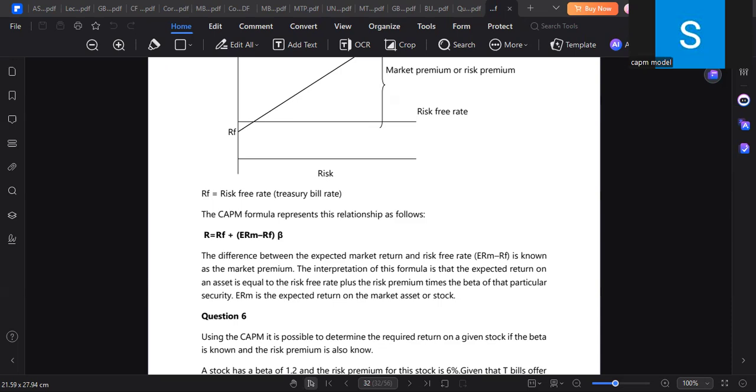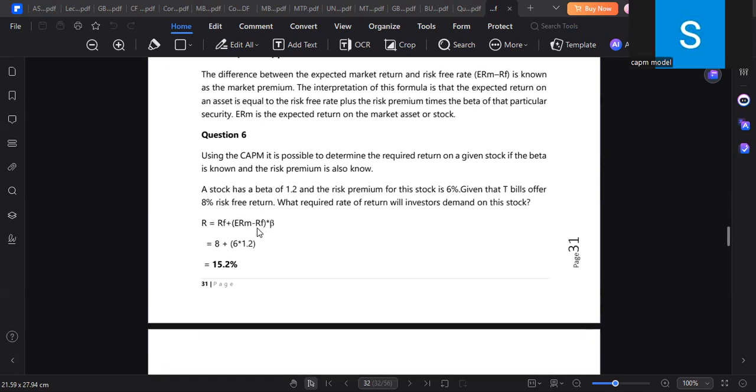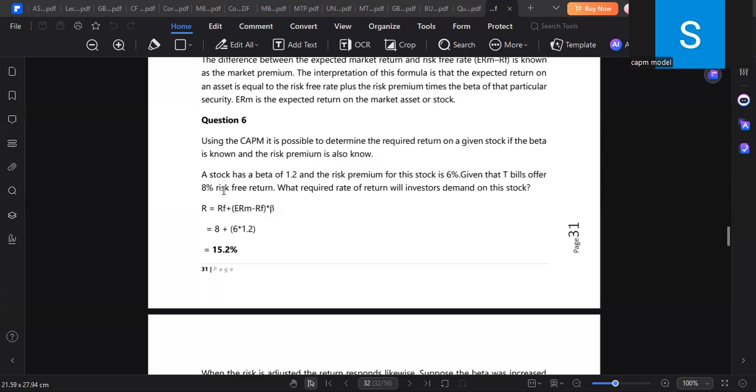So I'll give you two examples, then we look at the exam question that was shared. So now we have been given a beta stock of 1.2 and the risk premium is 6% and treasury bills offer 8% risk-free return. So you're asked to calculate the rate of return.